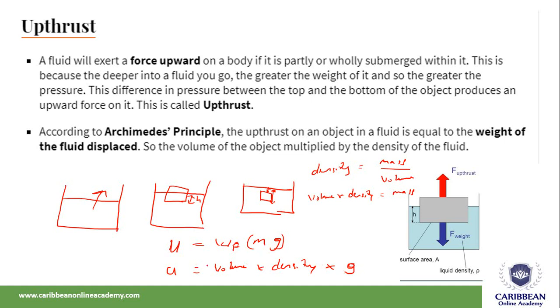So this tells us what the upthrust force is when we're considering it from Archimedes' principle. All right. So Archimedes' principle states that the upthrust on a fluid is equal to the weight of the fluid that is displaced. Follow me? All right, good.